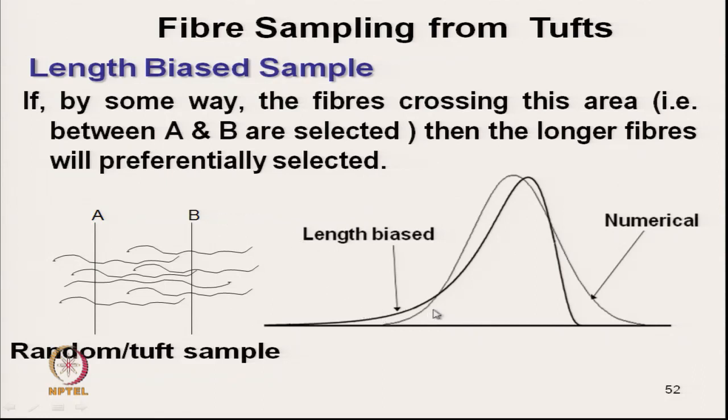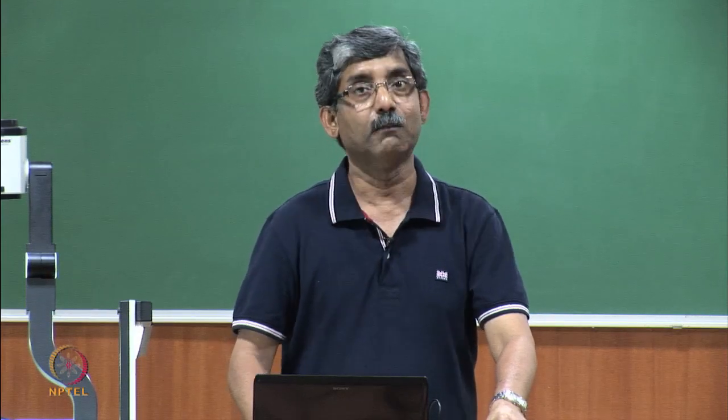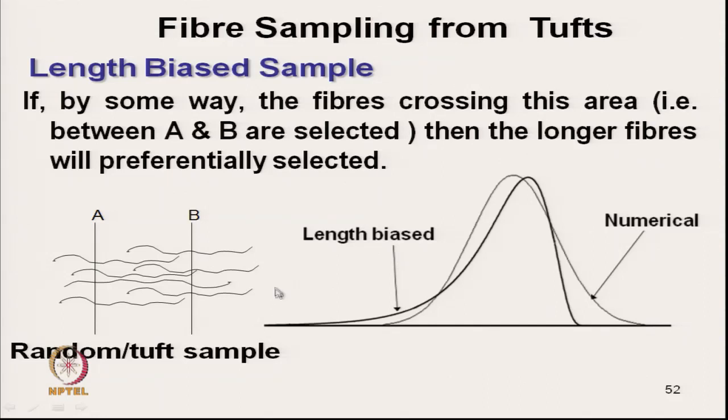Here, if we see the line, this is the numerical sampling, where there is almost no variation in length, and it reflects the bulk. But when we take the length bias sample, longer lengths are selected and the distribution is skewed. If we assume the bulk is a normal distribution, then the sample would be a normal distribution in the case of numerical sampling, but in the case of a length bias sample, it will be skewed towards the higher length.